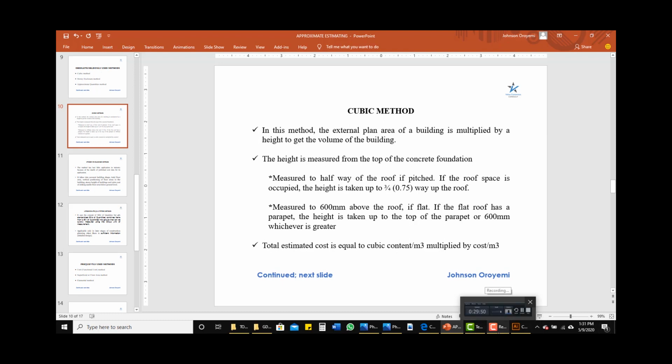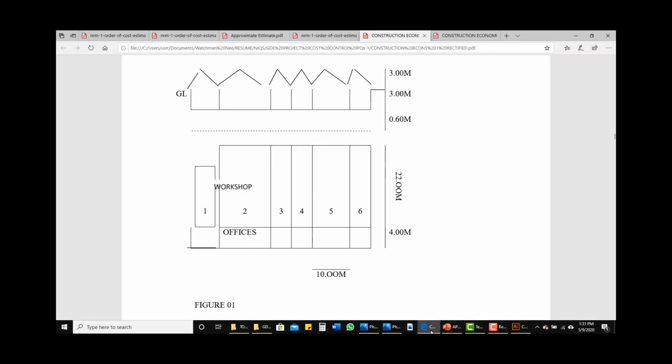That is, you take the external plan area, then multiply it by the height of the building. That's how you get the cubic content, that you then multiply by the cost per cubic meter to arrive at your probable cost of the construction project.